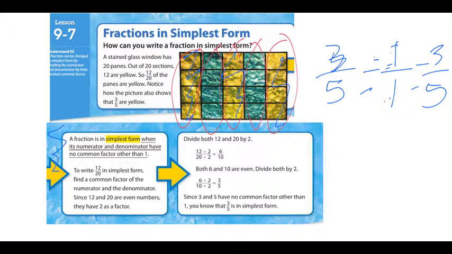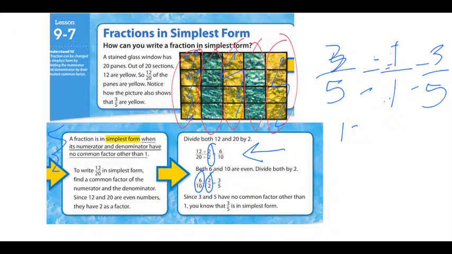Okay, so in order to find simplest form, instead of drawing a picture every time, the shortcut here is that you can divide by common factors. So I know 2 goes into both 12 and 20 to get 6/10, but 6/10 can still be divided further. I can still divide by 2 halves to get 3/5.